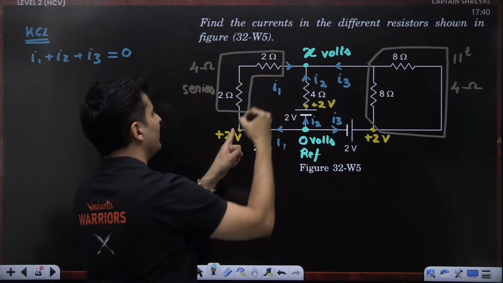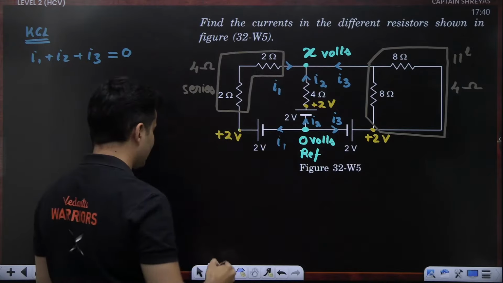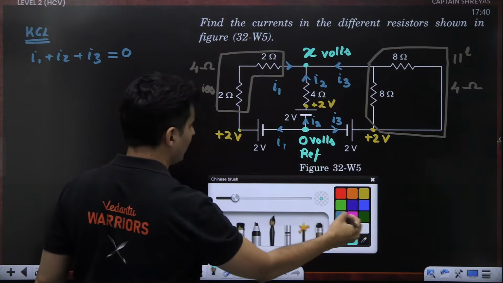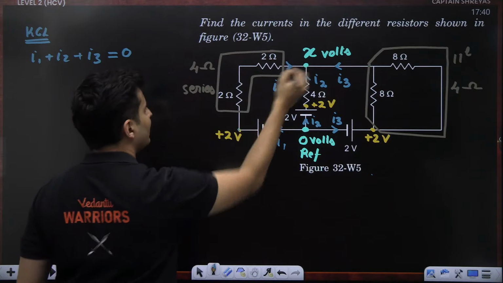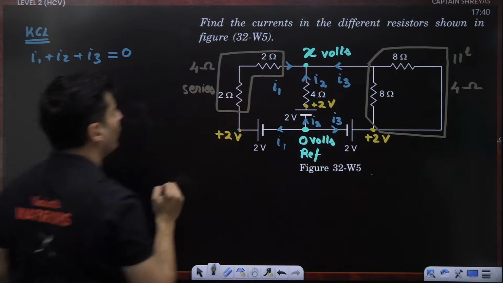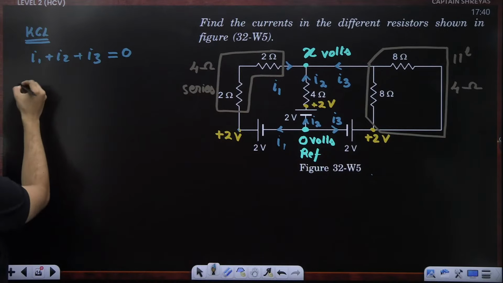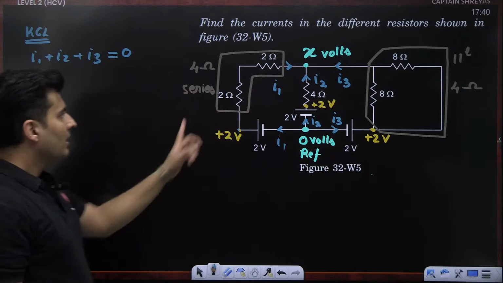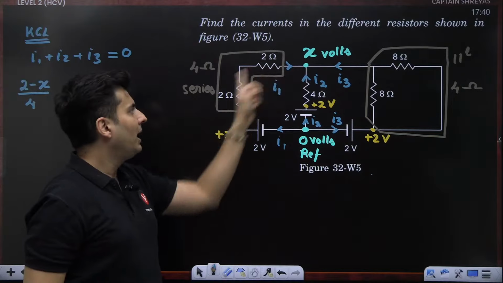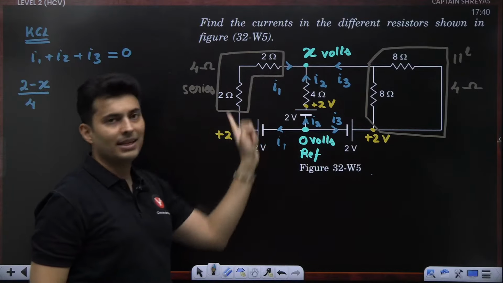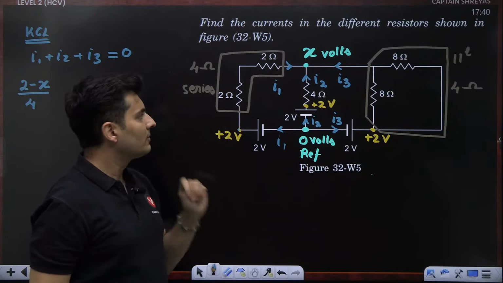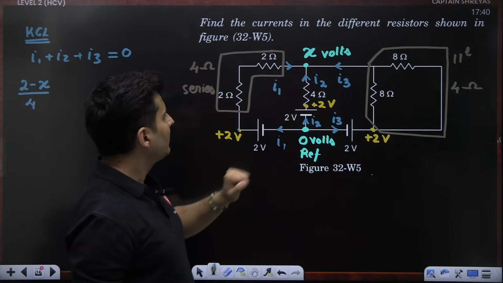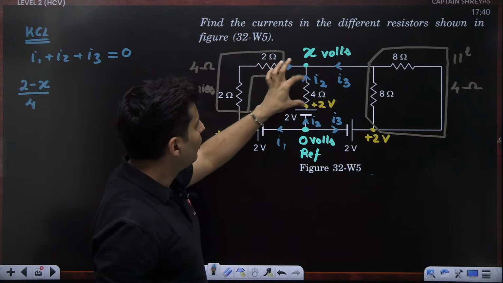So the voltage difference is 2 minus X. Isn't it interesting, guys? Just check this out. The voltage difference is 2 minus X and the resistance is 4 ohms. Current is voltage by resistance, so it will be 2 minus X divided by 4. Perfect. Look over here, I2. Current is voltage by resistance.